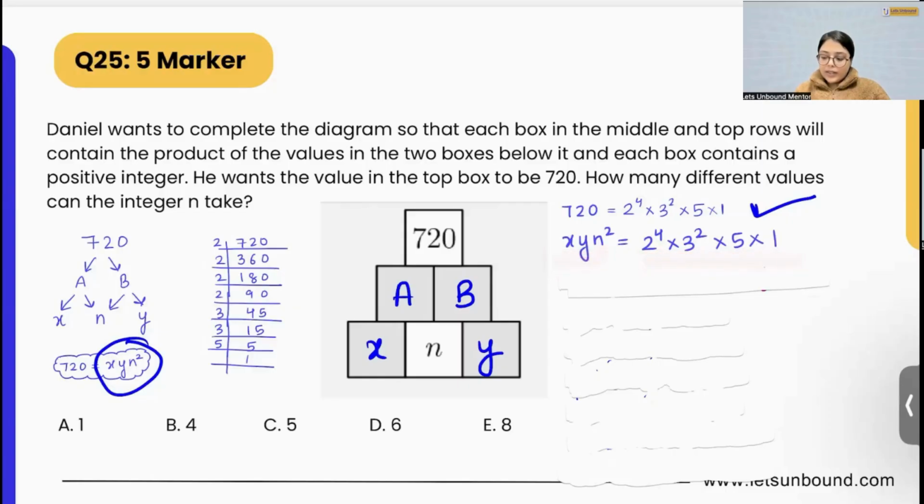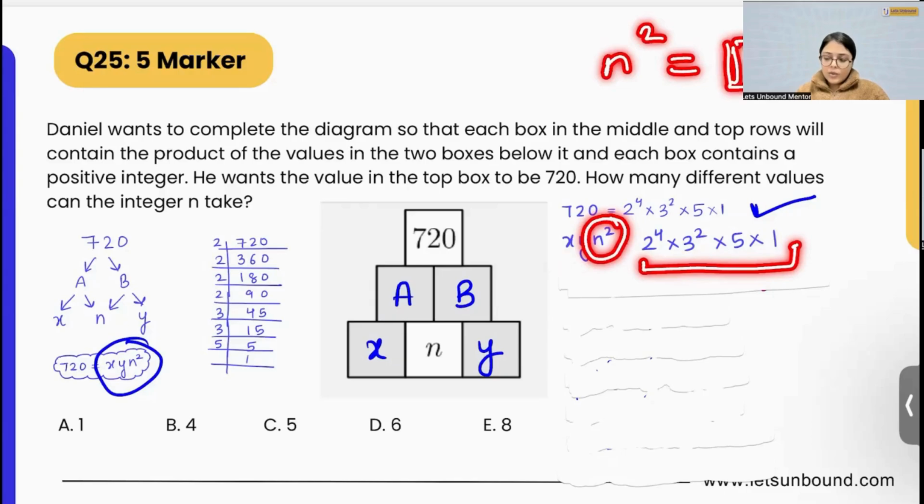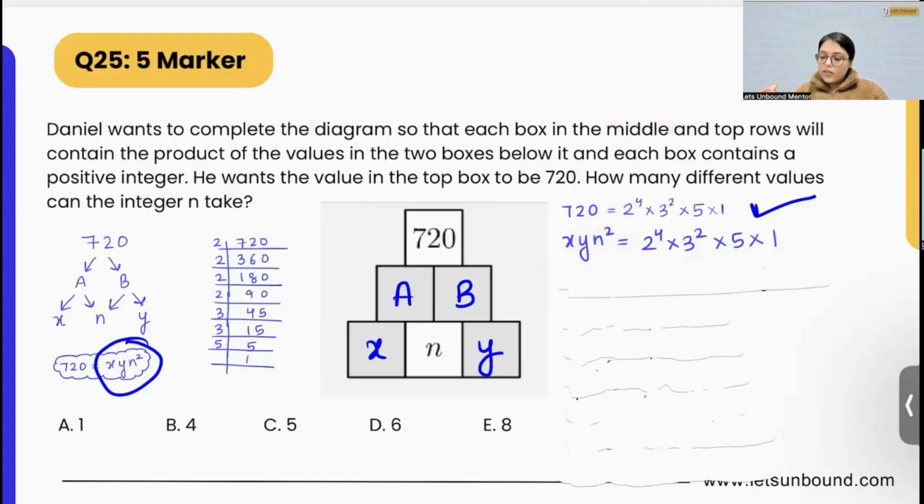On the left side it's n square, so I need to pick the value of the digits so that it is the square of something, because if n square is equal to some answer, n will be the root of that number, right? Got the logic? So let's see the possible values of n.